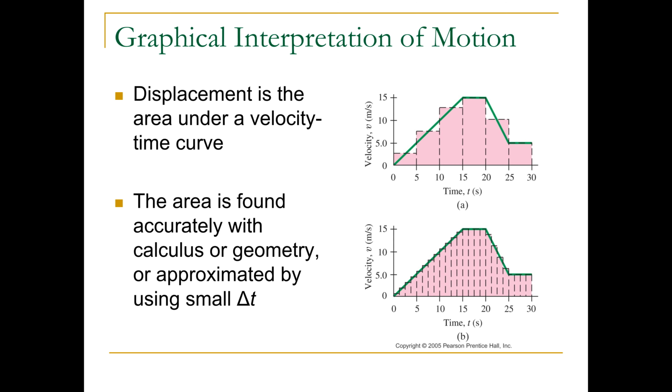If these were curved lines, one way you can approximate the area is by using these narrow rectangles. So, on the top, if you imagine this is a curved line, having wider rectangles will give you an estimate, but maybe not a very good one. And the narrower these rectangles are, the smaller delta t we use, the more accurate the estimate will be.